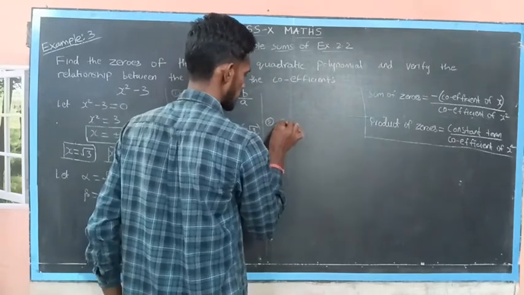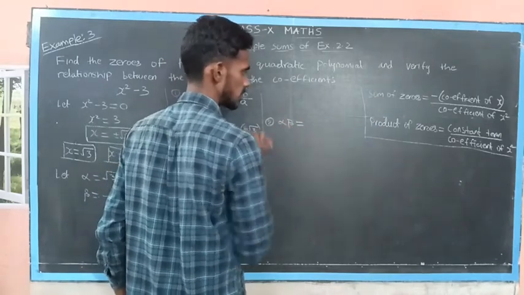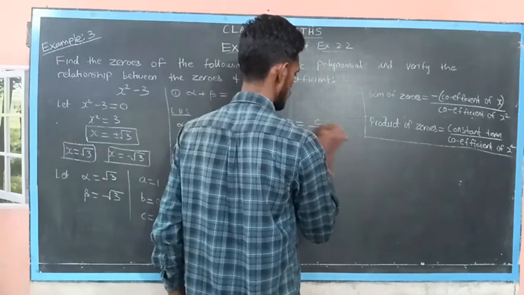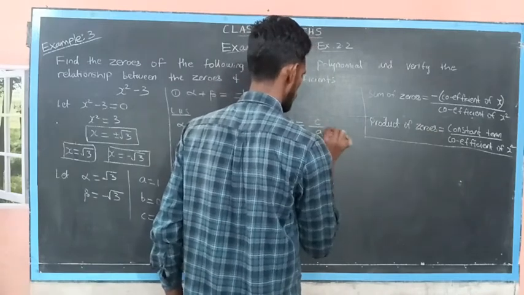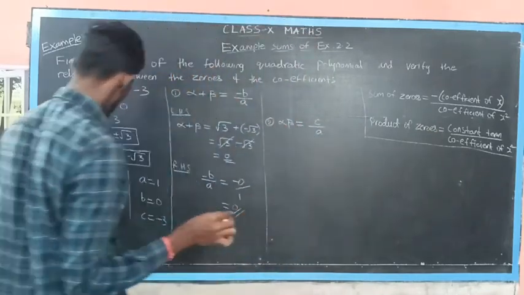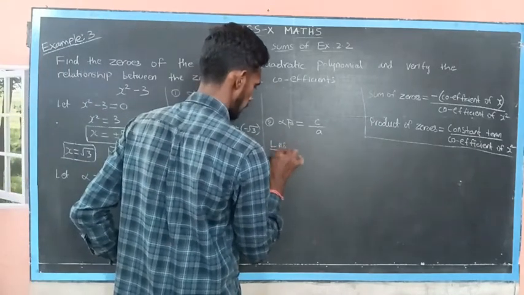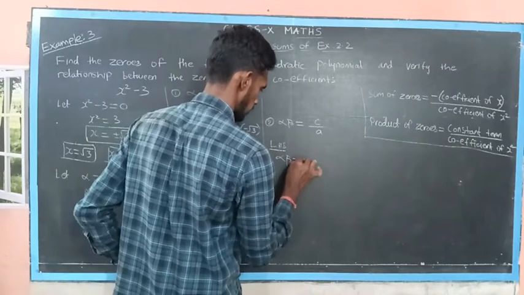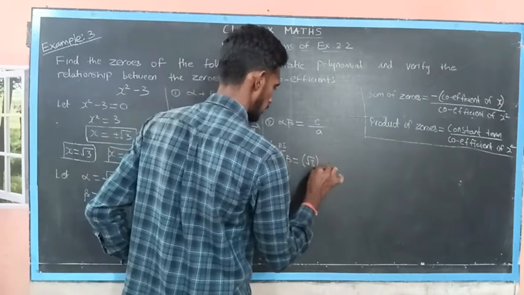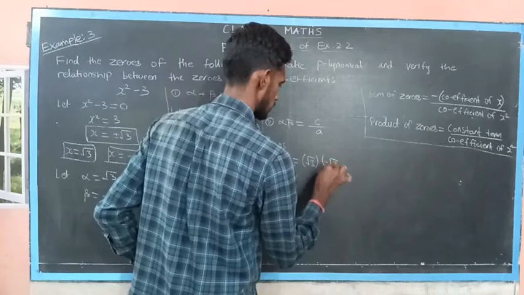Then go for the second condition. Product of the zeros, that is alpha into beta is equal to constant term, it is c and the coefficient of x square is a. Substitute the values of alpha, beta, it is root 3 into minus root 3.